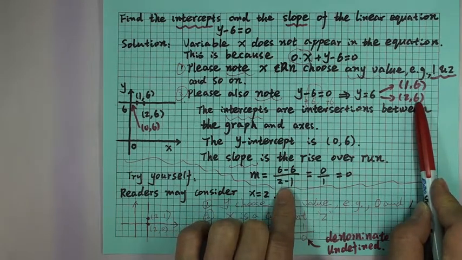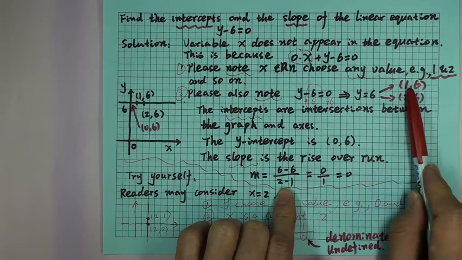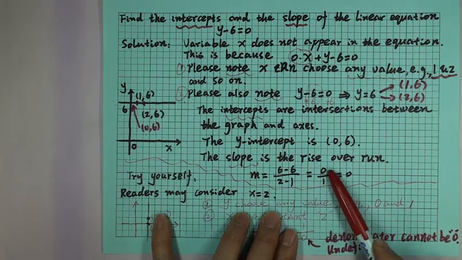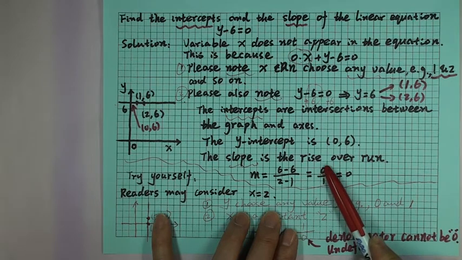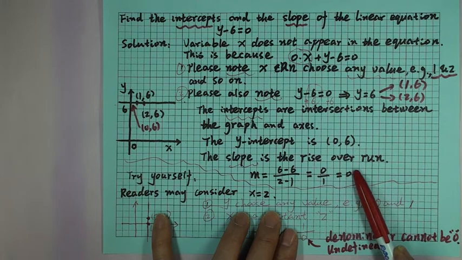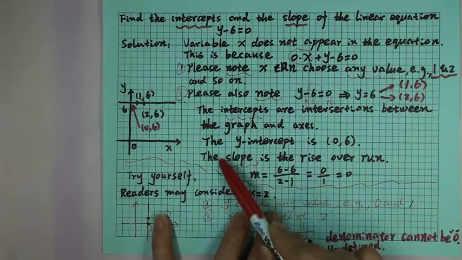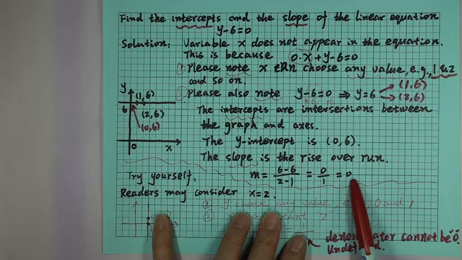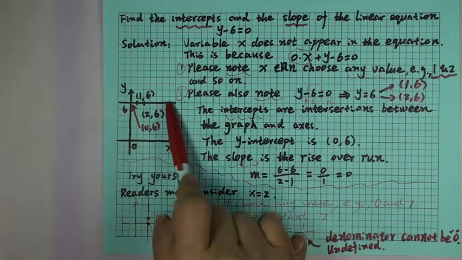And run from 1 to 2, that's 2 minus 1. 6 minus 6 is 0. And then 2 minus 1 is 1. So the numerator is 0, we always get 0. So basically in this case, the slope is 0 for the horizontal line.